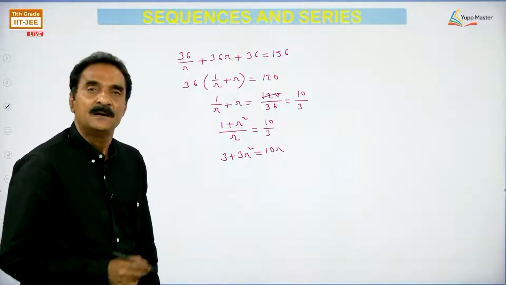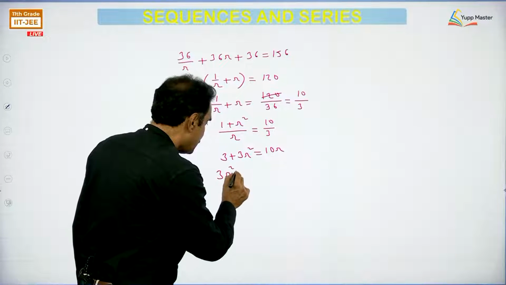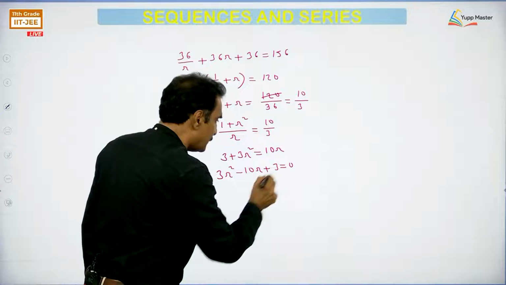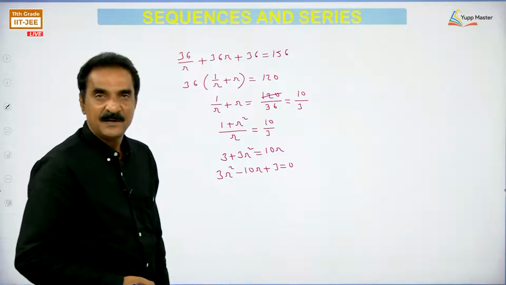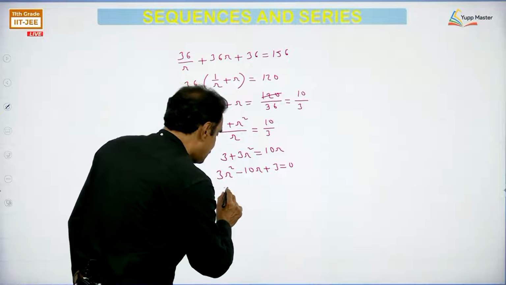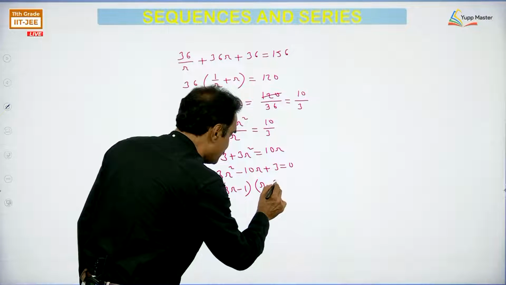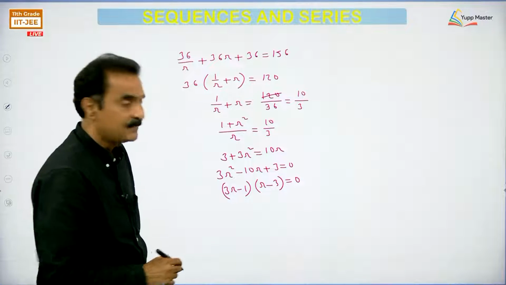Alright. Now, 3r square minus 10r plus 3 equal to 0. You know how to factorize it? The factors will be 3r minus 1 into r minus 3 is equal to 0.